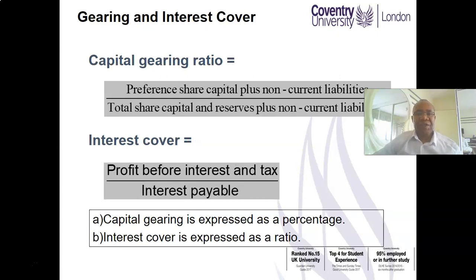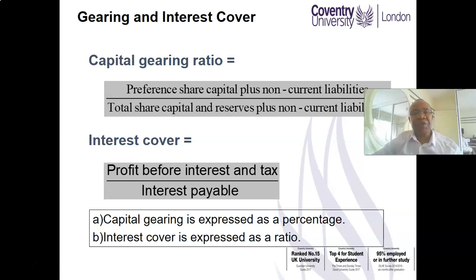Gearing and interest cover. Capital gearing looks at the ratio of debt to equity. In other words, gearing indicates how much debt the company is bearing. So, in this instance, preference share capital is regarded as debt.